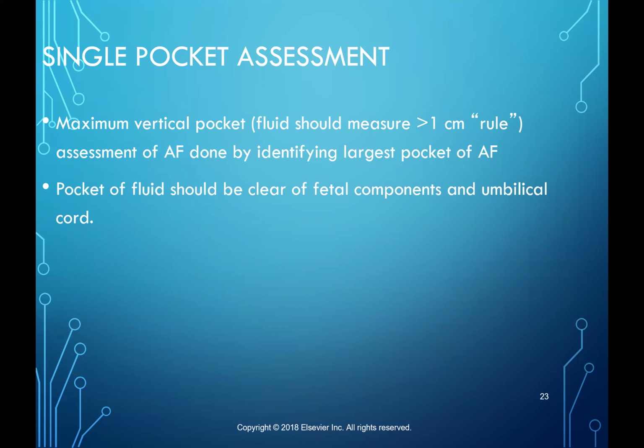Probably would just do a maximum vertical pocket. So what that means, if you find a pocket of fluid where there's no limbs, there's no cord, and you measure from top to bottom, and if it's greater than 8 centimeters, that would mean that there's more fluid than there should be.